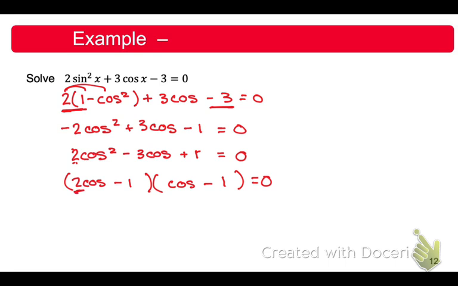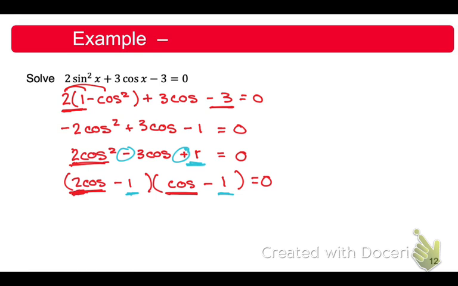You need a negative 1 and negative 2 to get that middle term. The factors of this are here and here, correct? 2 is not a factor of 1. They're both negative because this is positive, they both have to be negative.